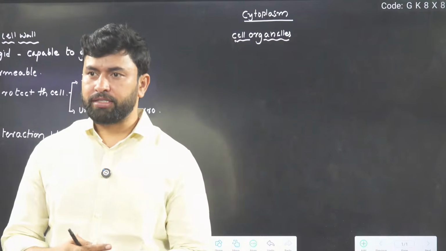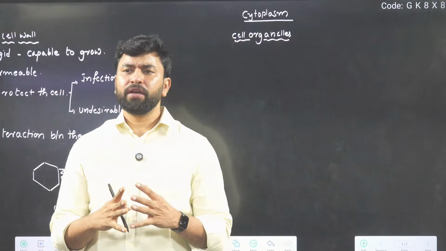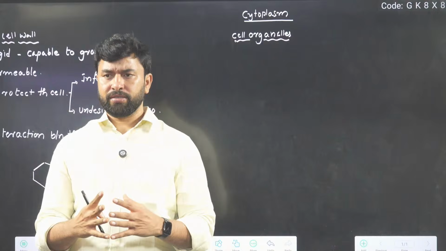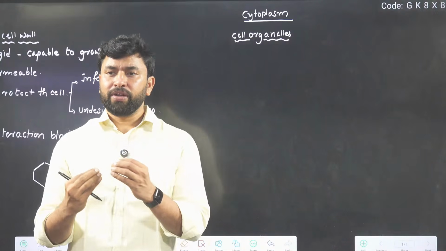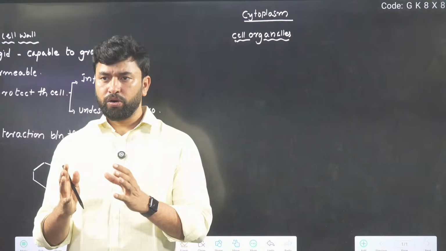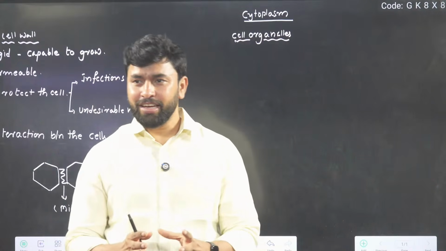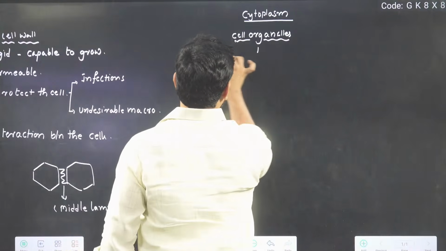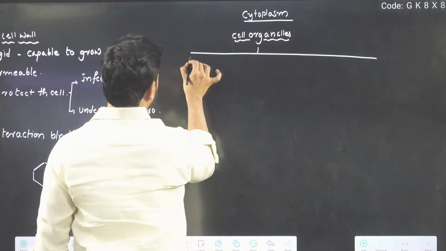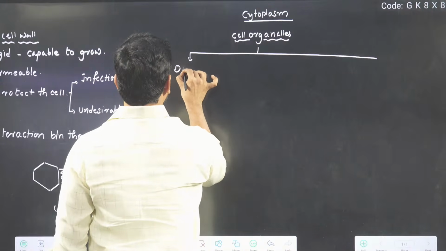Cell organelles are a kind of network of membrane and non-membrane bound structures which perform various functions required for a cell to survive. Organelles means small organs, small parts. Let us check. Some organelles are double membranous.